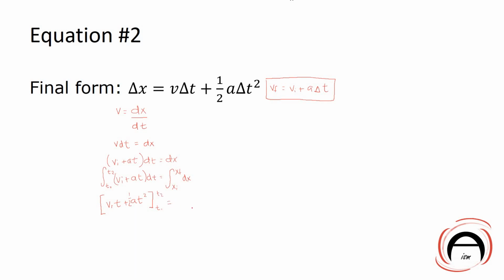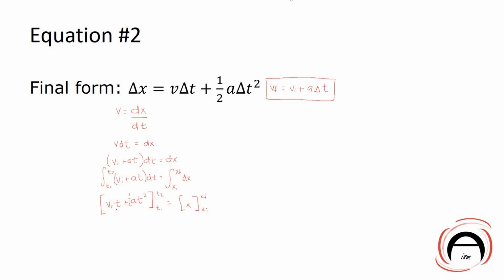And then doing the same thing on this side, you're going to have your x term, or your position, or your displacement from the initial x position to the final x position.